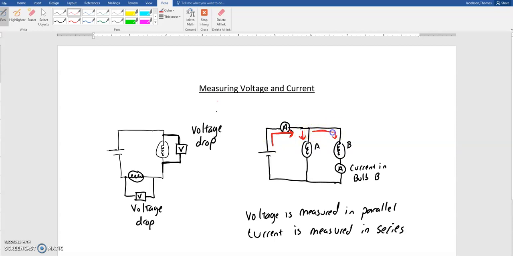So like right here, it has to go through our bulb and through the multimeter, which we're labeling an A for amps, and V is obviously for volts.